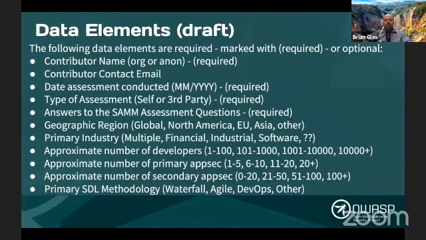Because you'll see different patterns of what activities are done within the organizations based on SDL methodologies, what industry they're in, technologies they work with, stuff along those lines. So what we're trying to do is take a stab at figuring out what kind of metadata or what kind of demographic information about an organization would be useful.